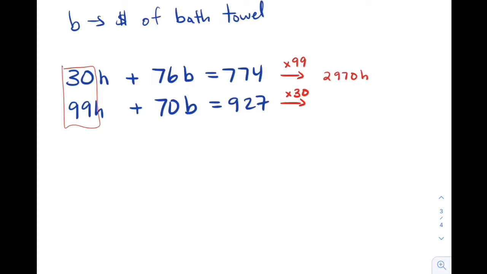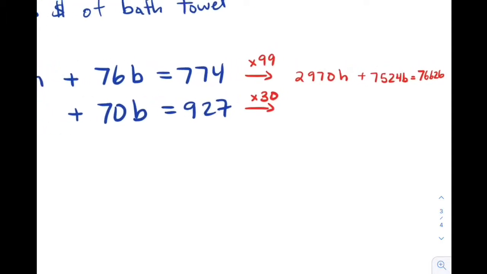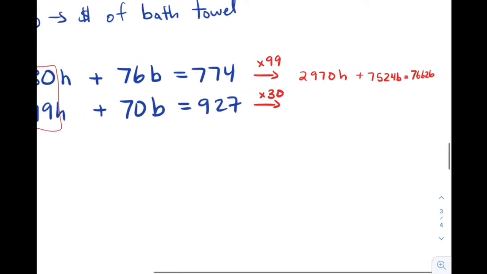When I multiply it by 99, I'm going to get 7,524B is equal to, and finally 774 times 99, we get 76,626. I'll zoom in there shortly once we get the other one.